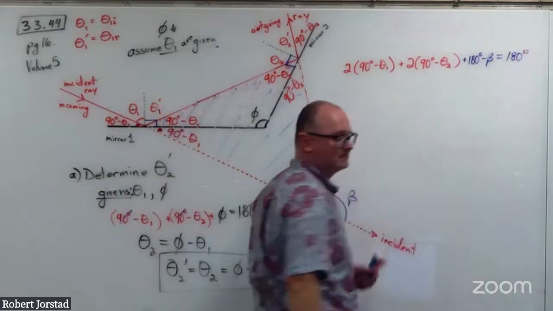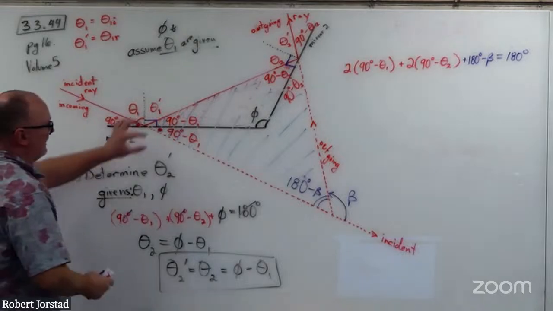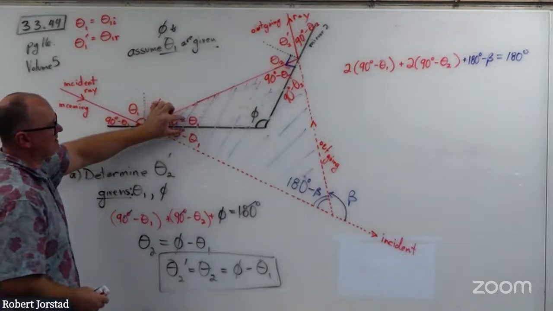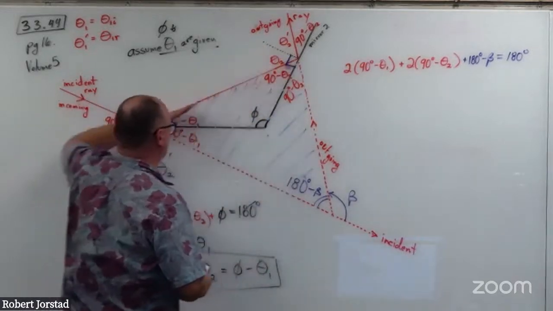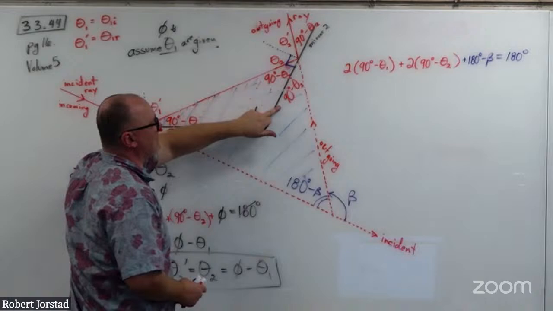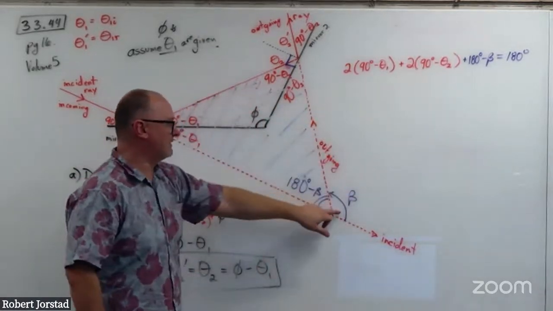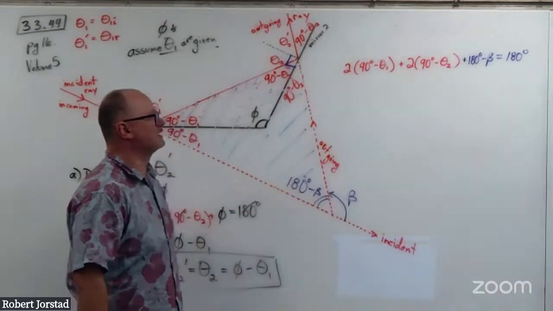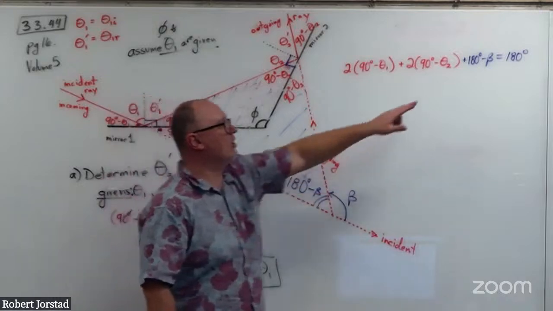Give me a second, make sure that shows up. How am I figuring that out? This is 2 times (90 minus theta 1), that's the first angle in this big blue triangle. 2 times (90 minus theta 2) is this one. And then here, this angle we got from supplementary angles, 180 minus beta. So these three angles, 1, 2, 3, have to add up to 180.